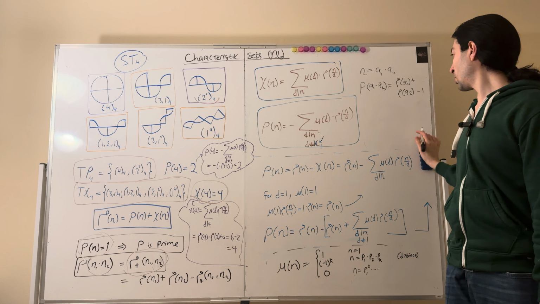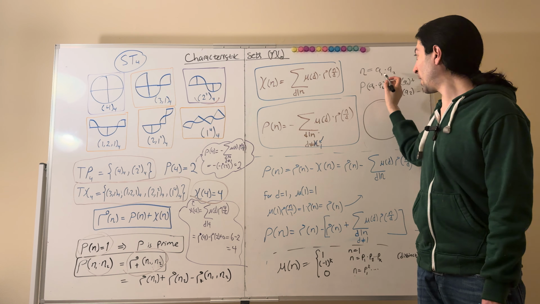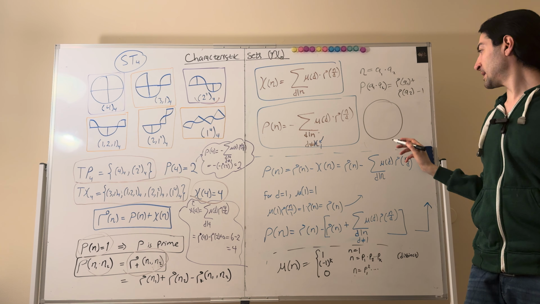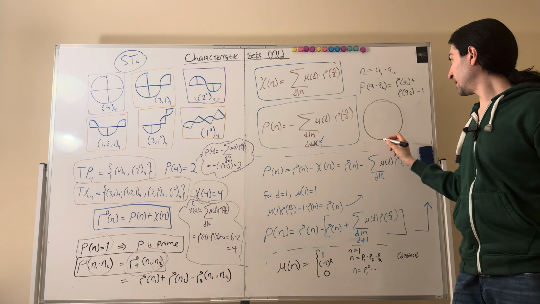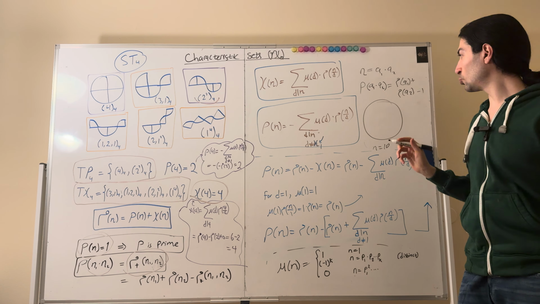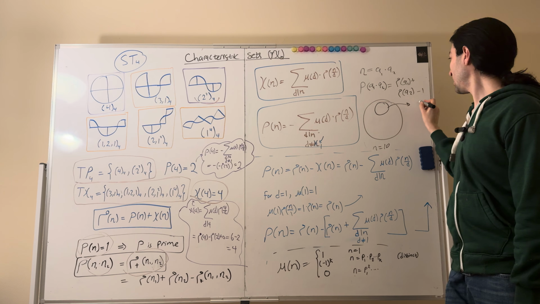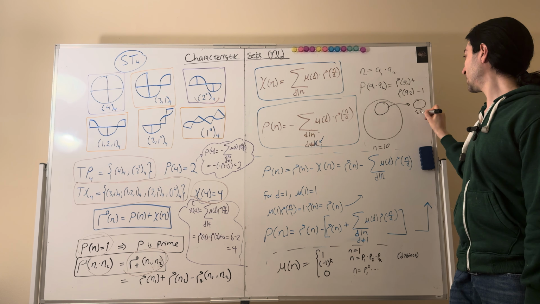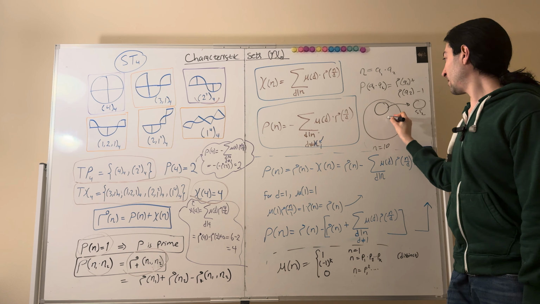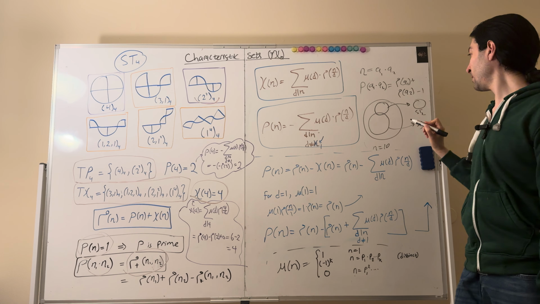And again, let's draw a diagram here. And we're only concerned with prime numbers. So let's say n is equal to 10. That is the product of two primes. We have this set here that is isomorphic to SC2, and we have another set here that is isomorphic to SC5.